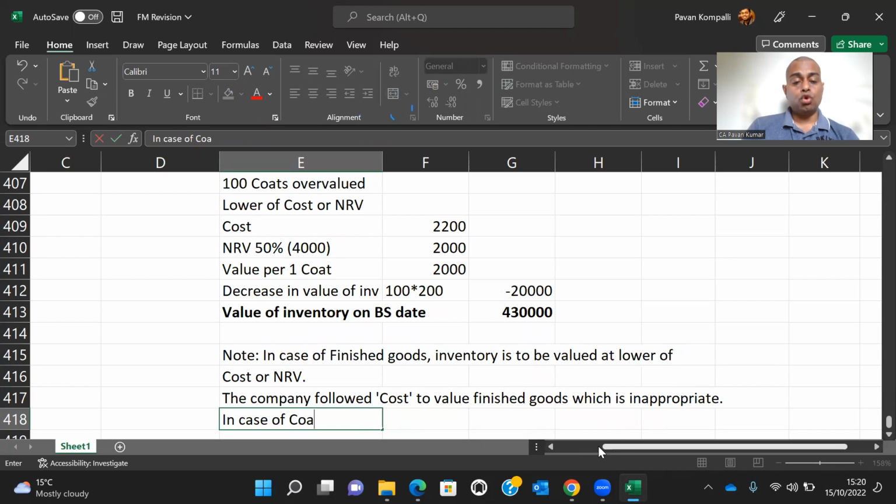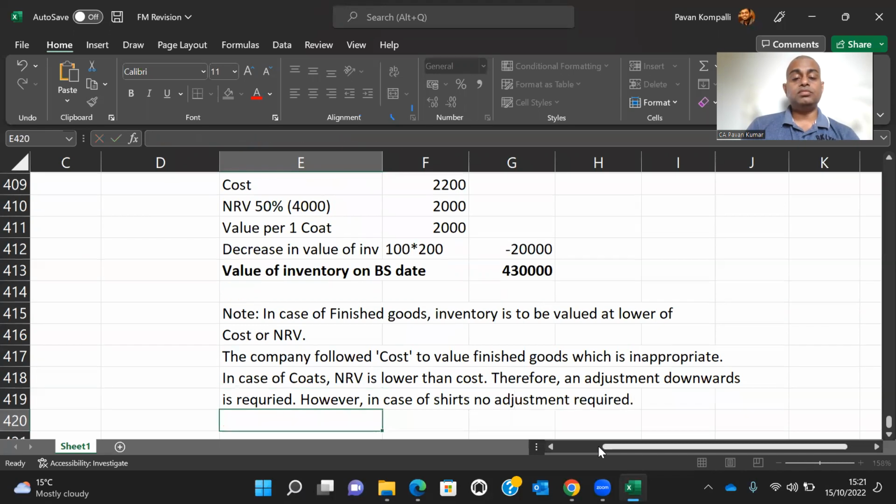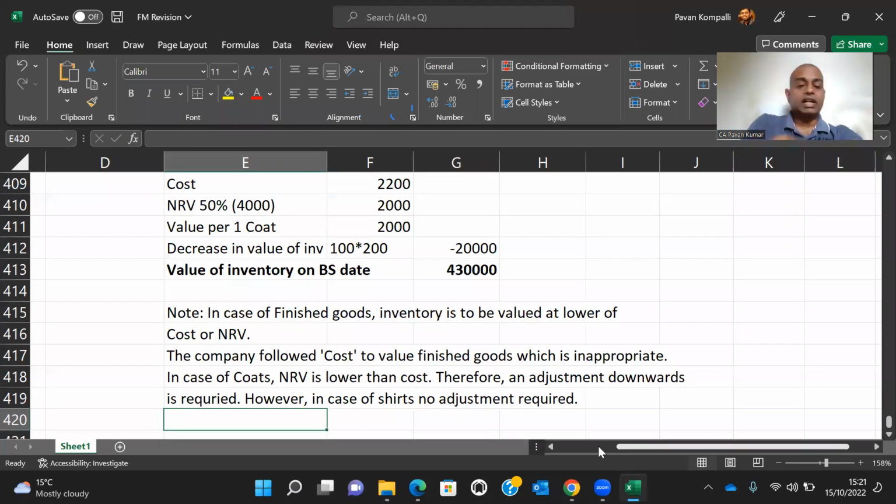In case of quotes, NRV is lower than cost. Therefore, an adjustment downwards is required. However, in case of shirts, no adjustment required. This is the note we will write at the end of the answer.